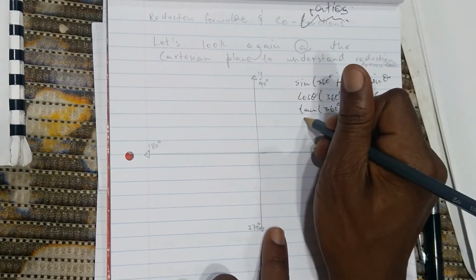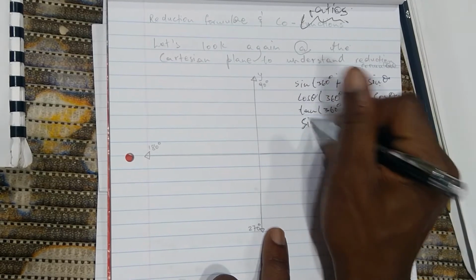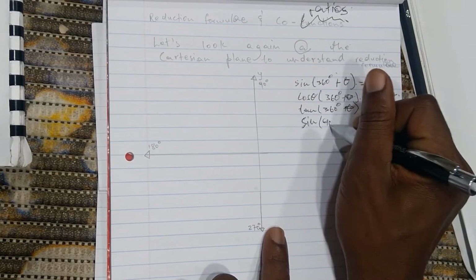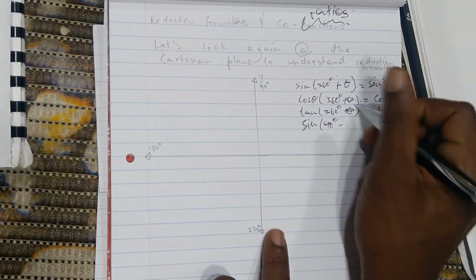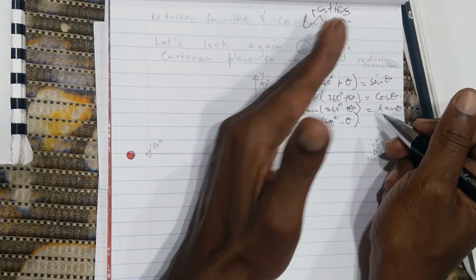For instance, if we take the sine of 90 degrees minus theta, we're using that terminal.